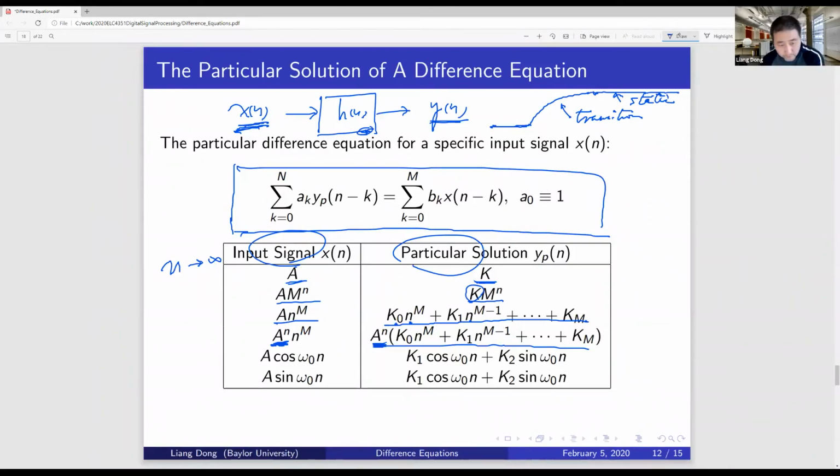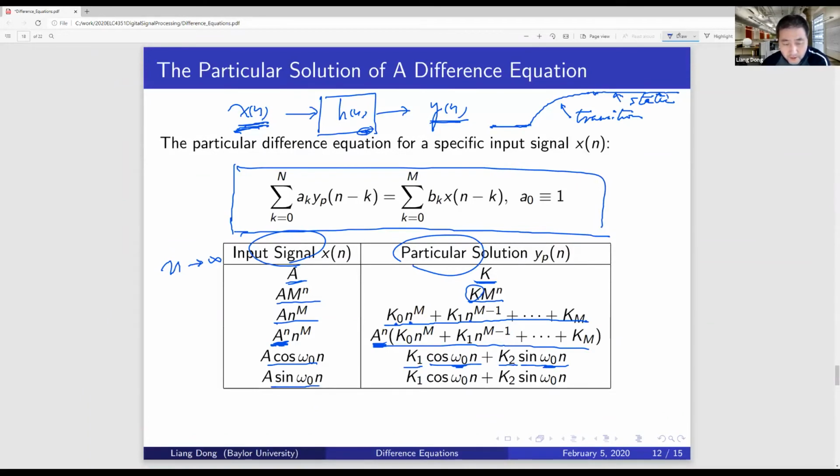And lastly, if your input signal is a sine or cosine function, then my output is also a sine or cosine function. So if this is the input, my output is cosine with the same frequency, omega naught, plus a sine with the same frequency, omega naught. Then I have those two coefficients, k1 and k2, unknown. I need to solve for that.